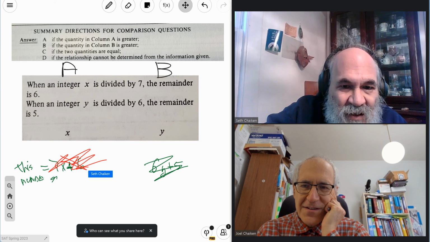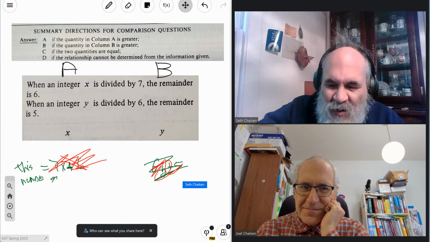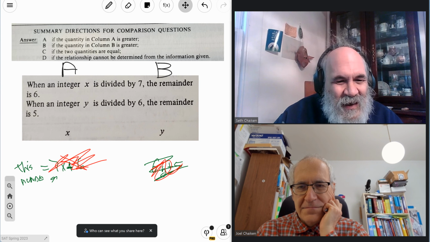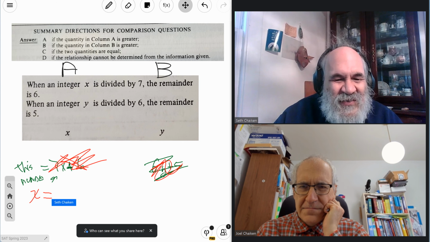Let's say what you want to say is that x, when it's divided by 7, has a remainder of 6.